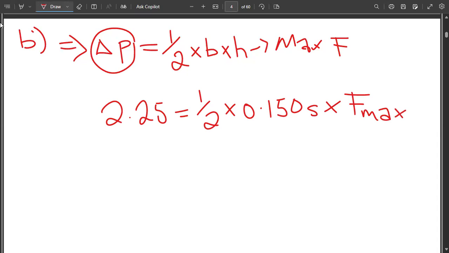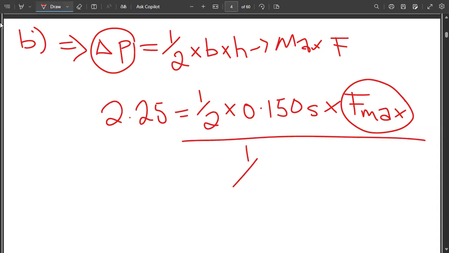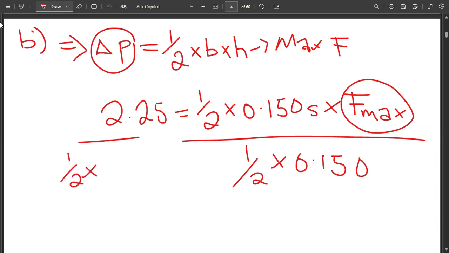Okay, so from here, what are we going to do? We're going to make F max the subject of the formula, and by so doing, we're going to divide both sides by half multiplied by 0.150.